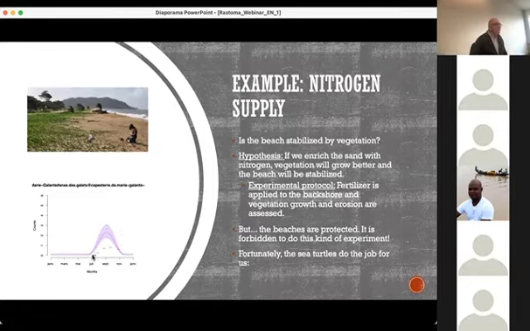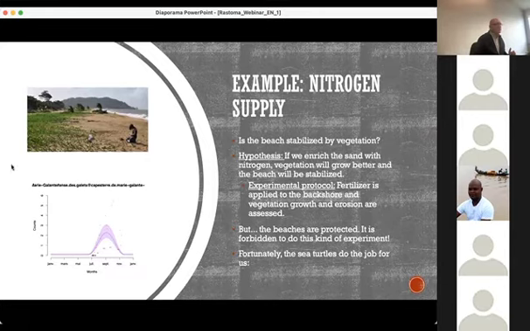Then you can imagine this is the turtles that are doing the job for you. They bring nitrogen on the beach, and you can use the fact that turtles bring nitrogen to test the hypothesis that nitrogen change the vegetation and change the erosion.